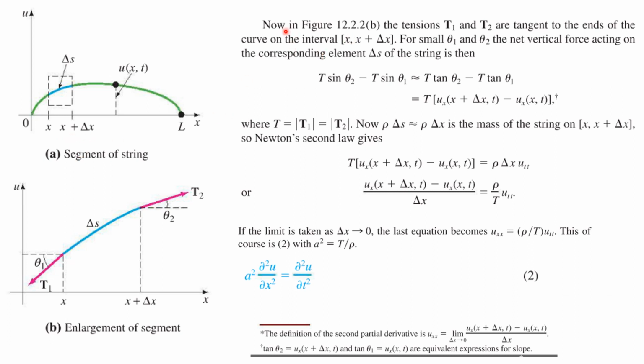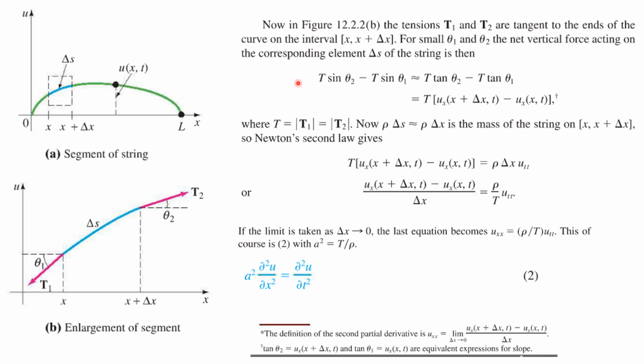So that's what we have in those pictures, and here we have a blown up version of that same picture. Okay, so in the B picture, the tensions T1 and T2 are tangent to the ends of the curve on this interval, and that was one of our assumptions. So we have the capital T1 and capital T2 down here. Those are vectors.